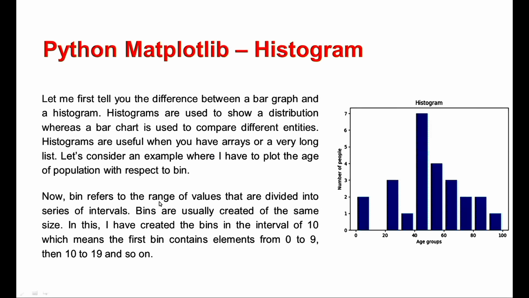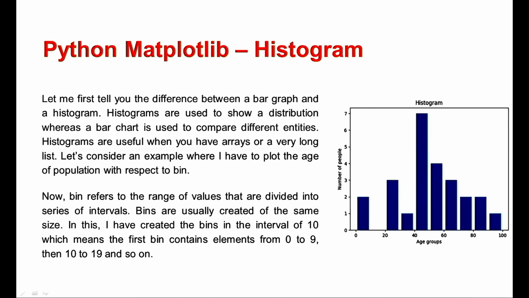Bins refer to the range of values that are divided into a series of intervals, right? They are created of the same size, and suppose in this graph the interval is 10, which means the first bin is created from 0 to 9, and the next one so on, right? So it tells the distribution of particular values, how much of the interval it covers from 0 to 10 or as per your requirement, right?